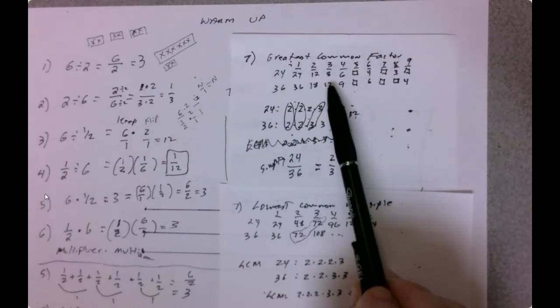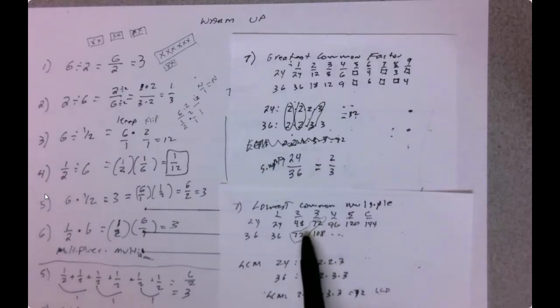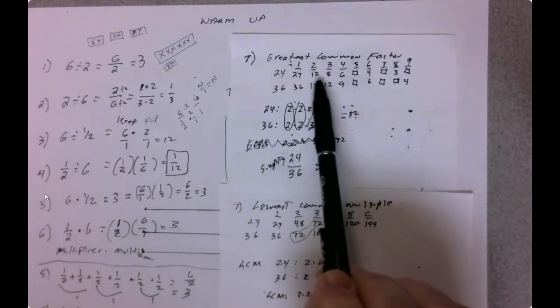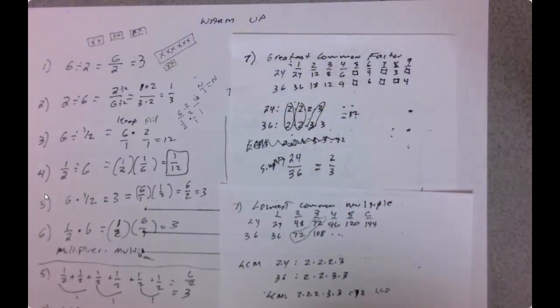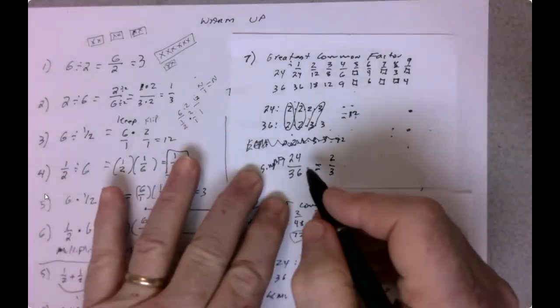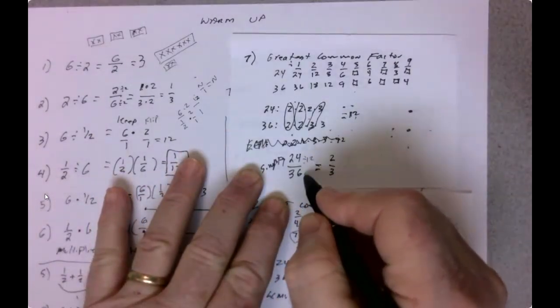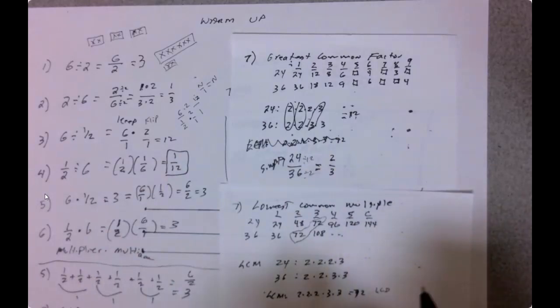In this case, I'm going to find the biggest number, right? The biggest number. Down here I found the lowest common multiple. Here I'm going to find the greatest common factor, which in this case is 12. What in the world does that mean? It means that I can simplify 24 over 36 quite easily. Divide by 12, and I get 2/3.